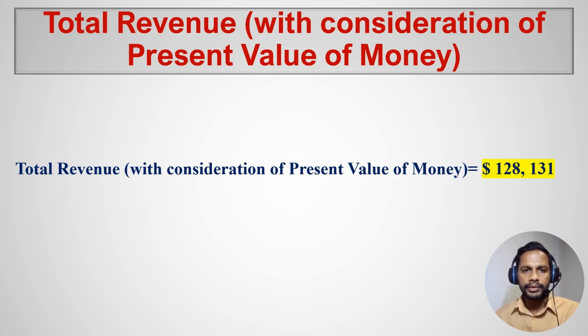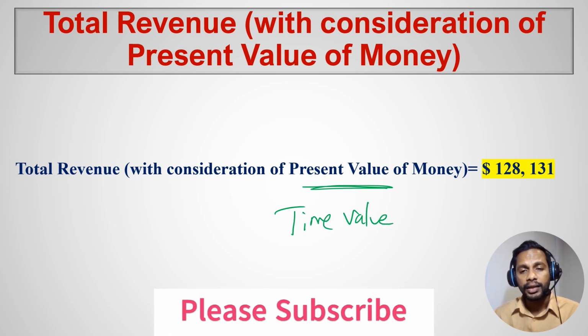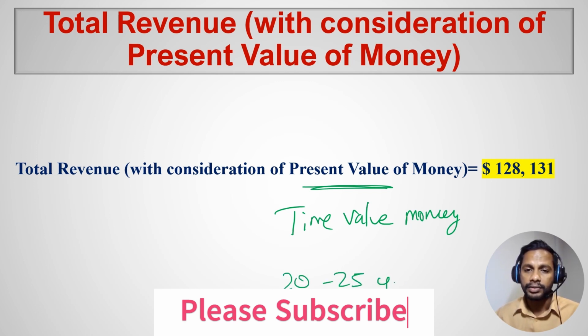And for the total revenue considering the present value of money, I mean the time value of money, we call this the time value of money because that's very important, especially in a solar PV system, because our projects are like 20 to 25 years. Usually all solar PV projects are more than 20 years.